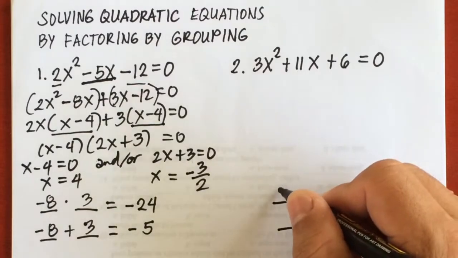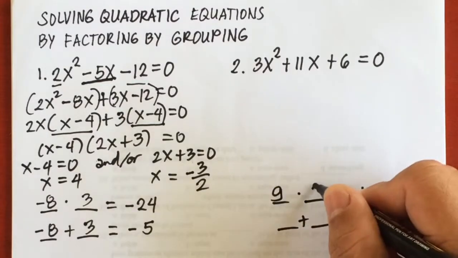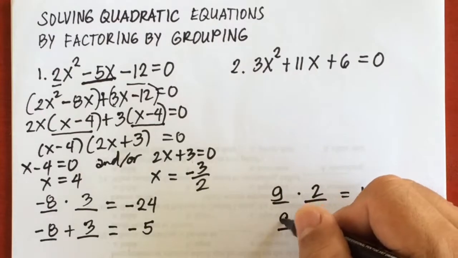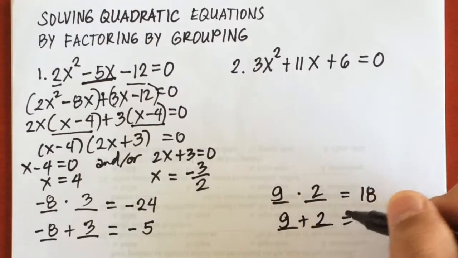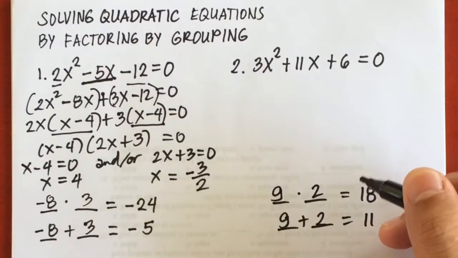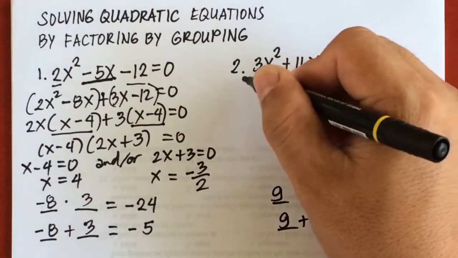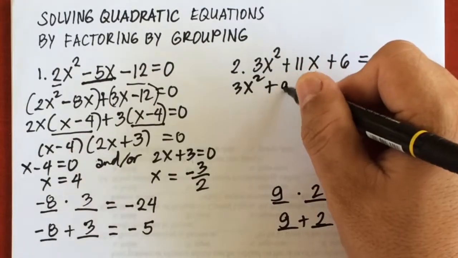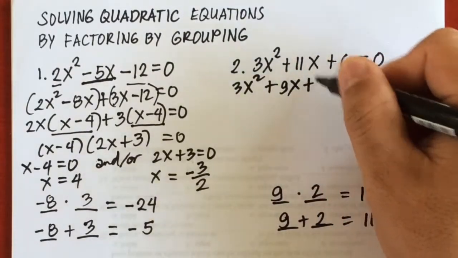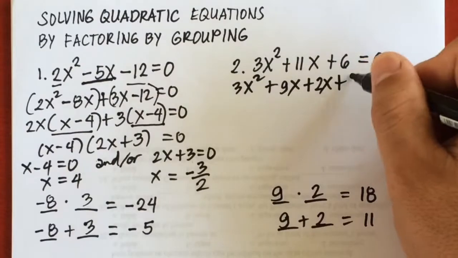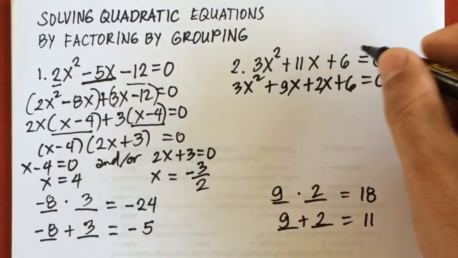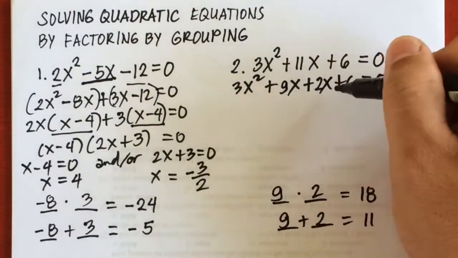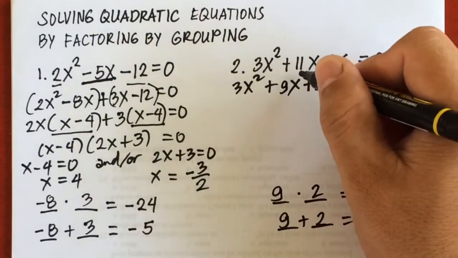And those numbers will be 9 and 2. 9 times 2 is 18. 9 plus 2 equals 11. So we're going to have here 3x squared plus 9x plus 2x, then plus 6 equals 0. So we just write 11x as 9x plus 2x so that we can group.